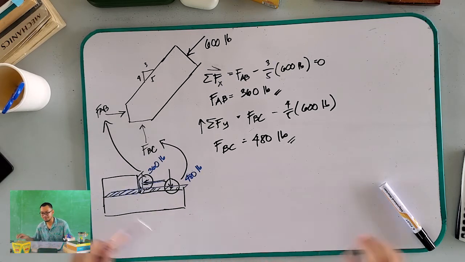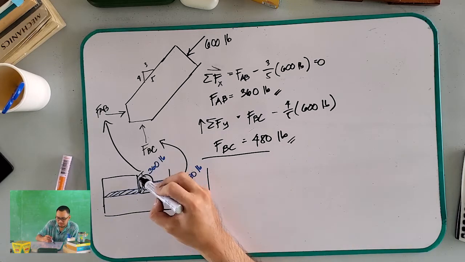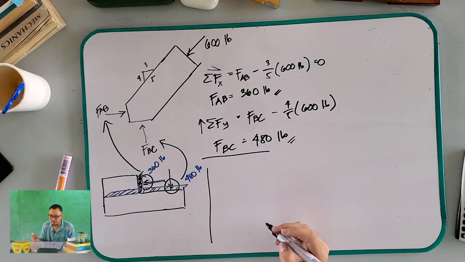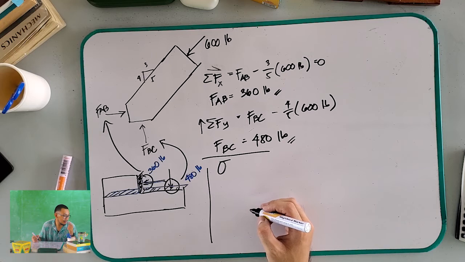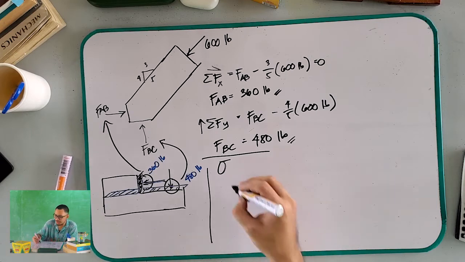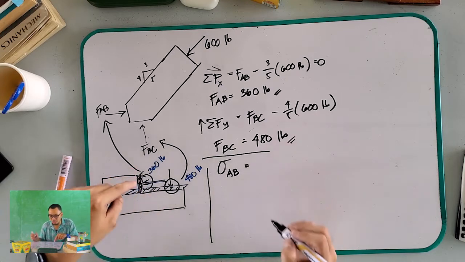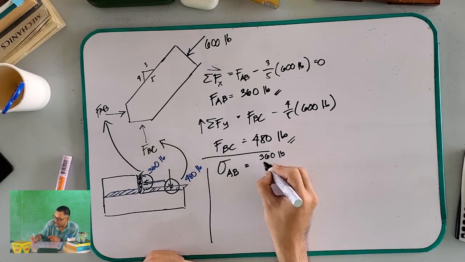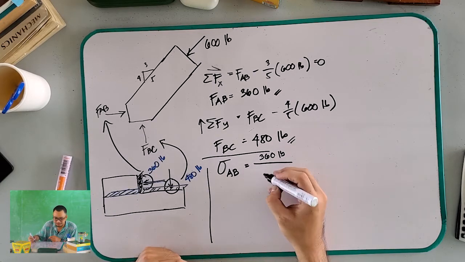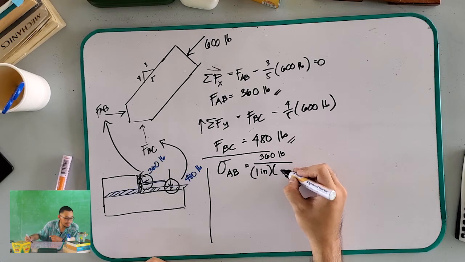We take them one at a time. First we find the normal stress of AB. The average normal stress of AB is equal to the normal force over the cross-sectional area. 360 pounds over the cross-sectional area of 1 inch times 1.5 inch.